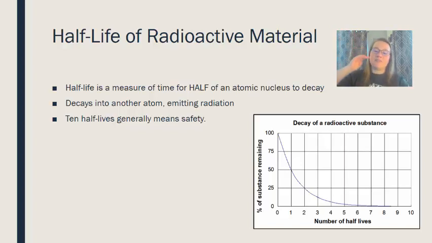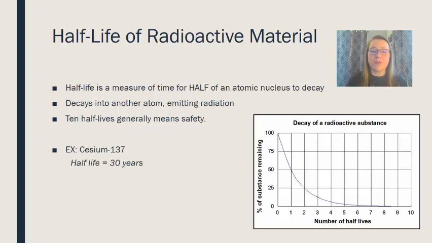After the second half-life, we're down to 25%, and we keep cutting that remaining amount in half as we go through each half-life. Again, as we go through this radioactive decay, the original atom is splitting into something different, or another atom, and in that process we're releasing that radiation. In general, after an item has gone through 10 half-lives, we consider that to be radioactively safe.